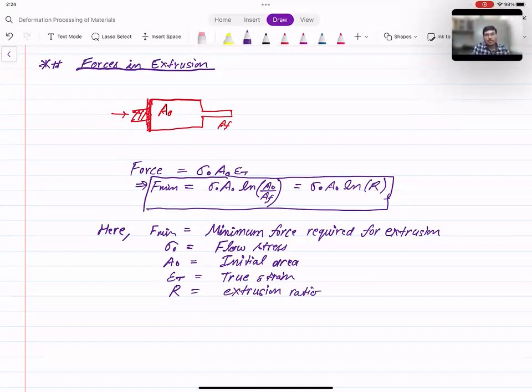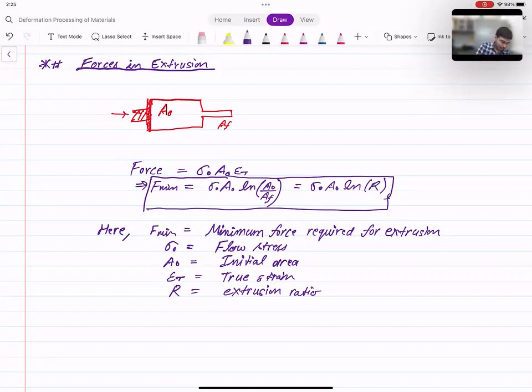But here what happens is that we have neglected the effect of friction and non-homogeneous deformation, etc. So we need to take them also into account. For that particular case, the force which is calculated will be the actual force which will be required for extrusion.